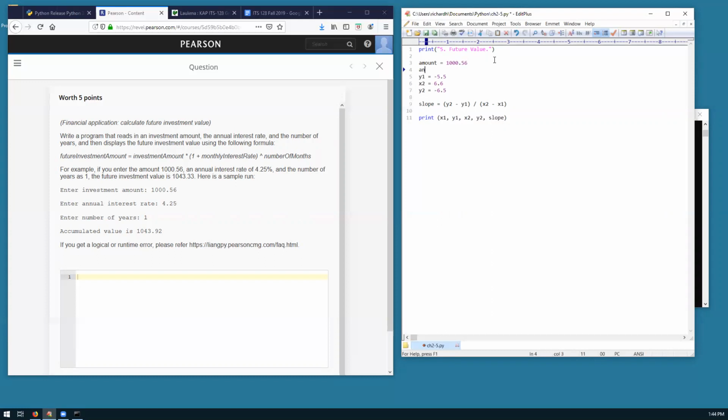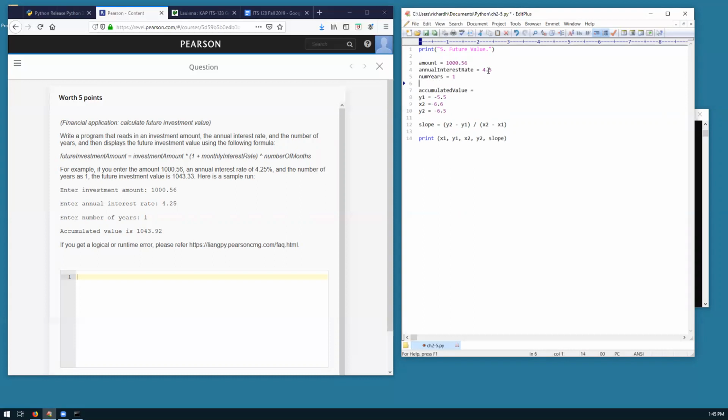And annual interest rate is 4.5, and num years equals 1. And we want to compute accumulated value, A, equals something. Okay, we're going to compute that.